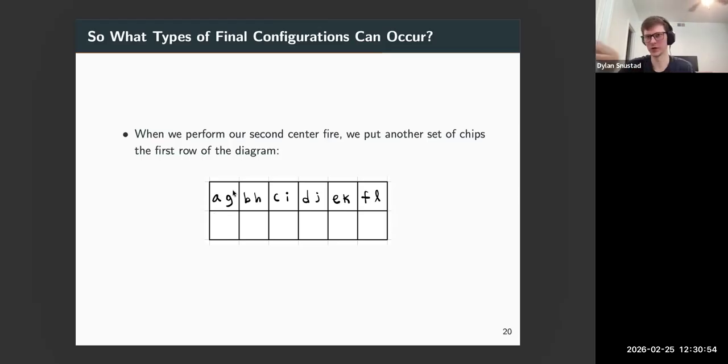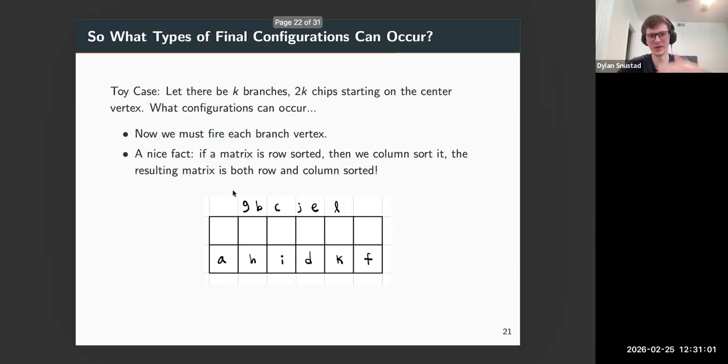Both of them are row sorted. So when I column sort them, all I'm doing is a row and column sort at the same time. The initial firing from the center vertex gave me my row sorting, and now the chip firing rule on the branches is going to give me a column sort in some sense.